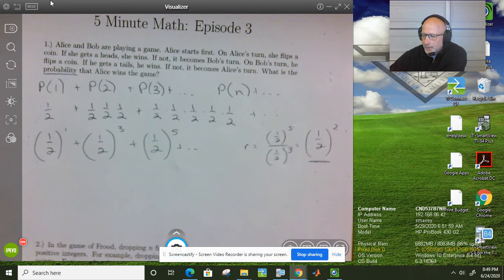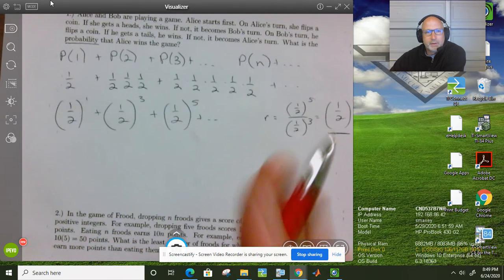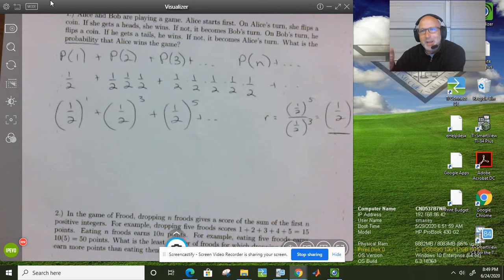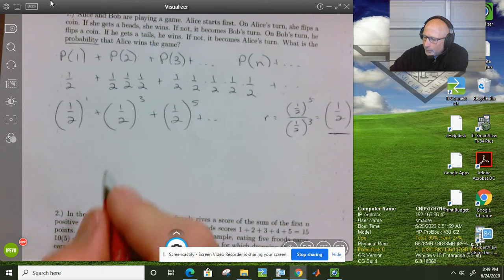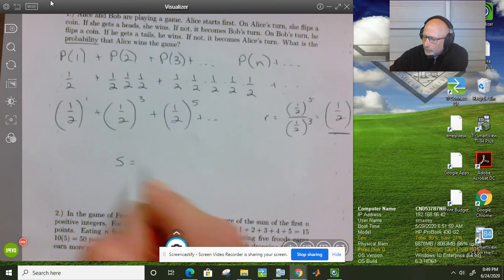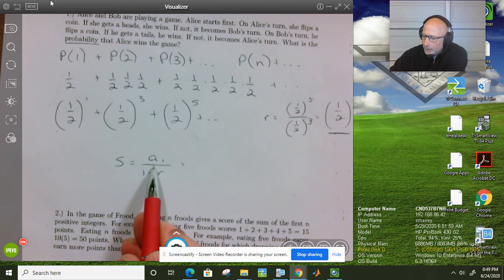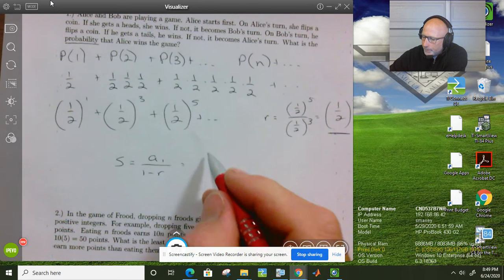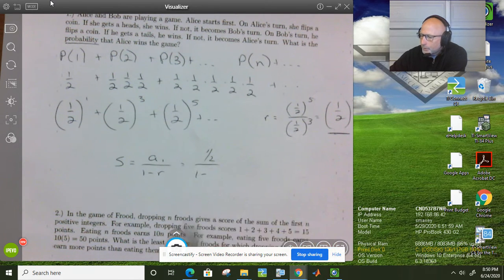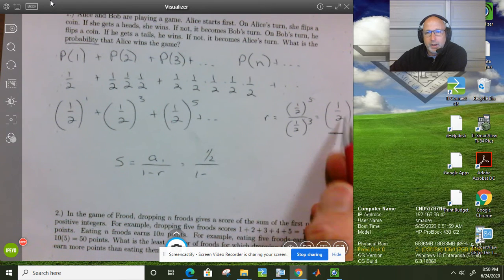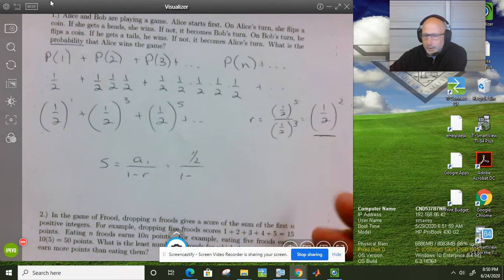This is a geometric series. How do you find the sum of an infinite geometric series? The formula is S equals a1 all over 1 minus r. a1 is the first term in the series, so that's just 1/2, all over 1 minus the common ratio. The common ratio is 1/4 because it's being squared.